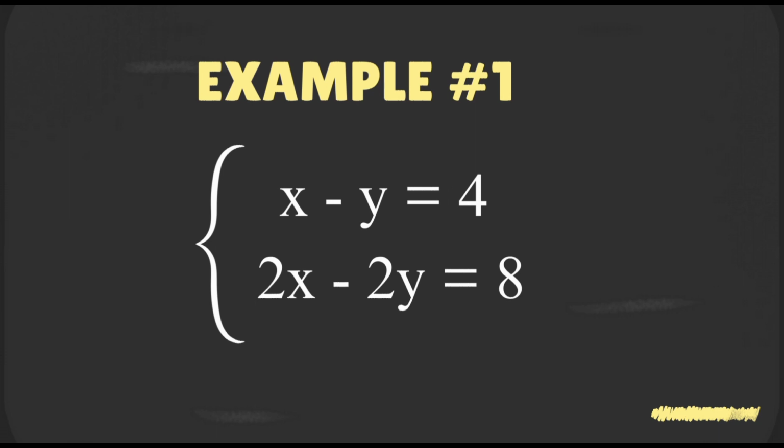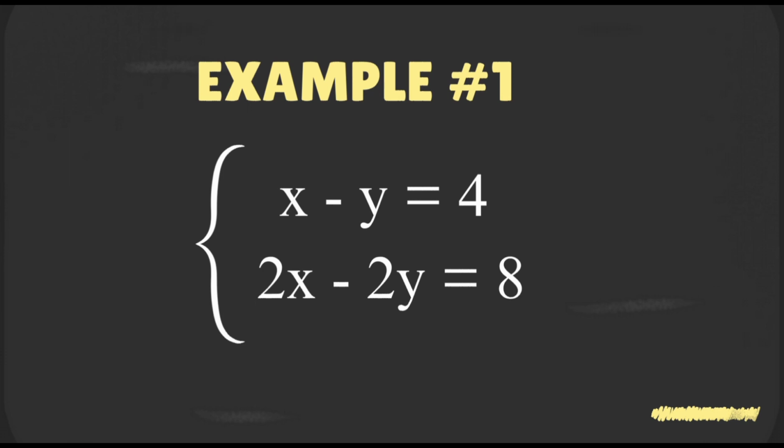The given system of linear equation is x minus y is equal to 4 and 2x minus 2y is equal to 8. As you can see, the given equations are written in standard form.